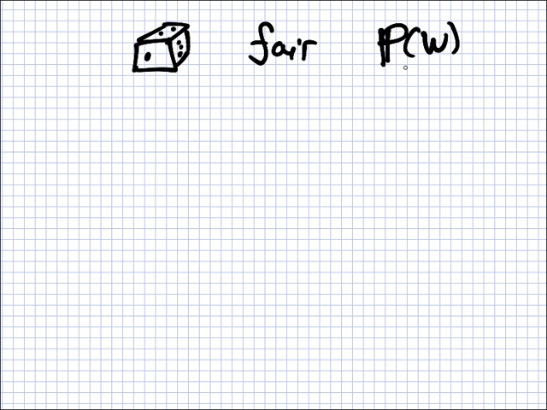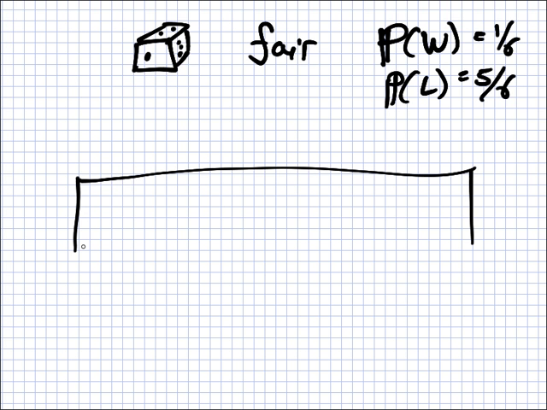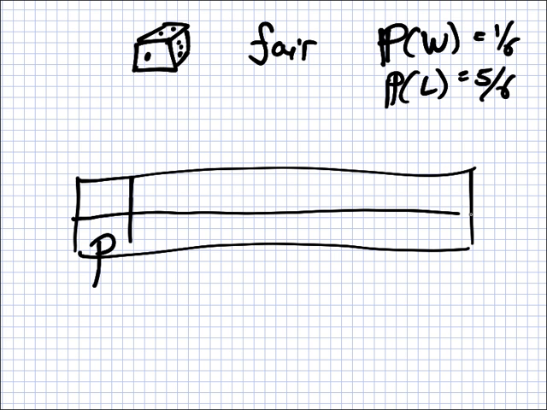1 over 6. And the probability that I lose? 5 over 6. Okay, so what I want you to do is to make a table for n, where n is the number of times I have to roll so that I get a 6. So for example, 0.